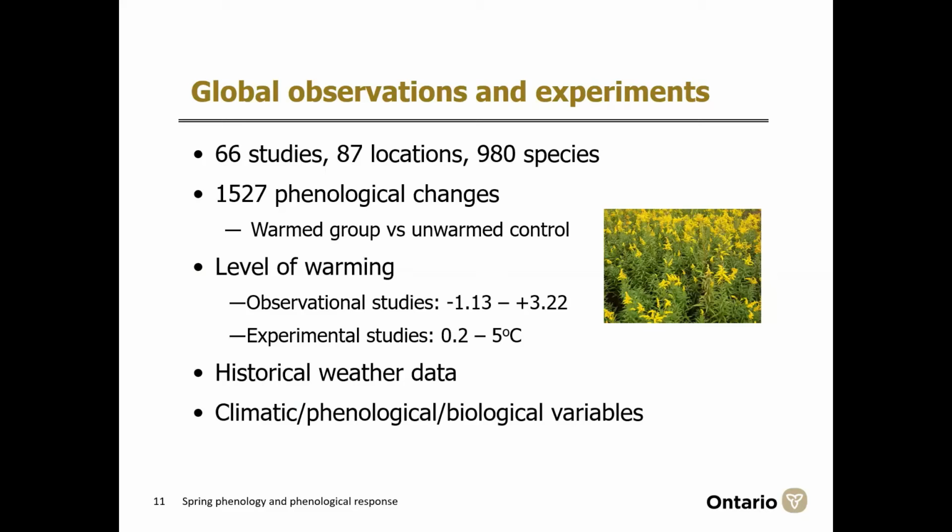The third scenario is data synthesis with global observations and experiments. I compiled 1,527 records from 66 studies at 87 locations for 980 species and related observed phenological changes to climate, phenological, and biological variables.